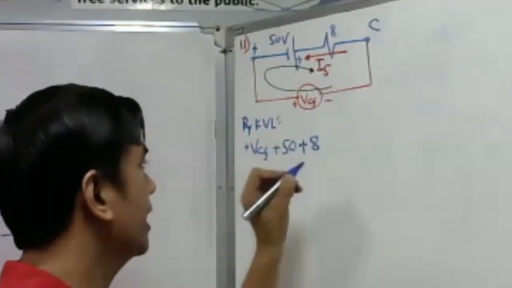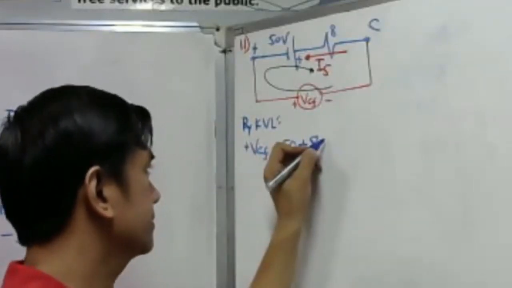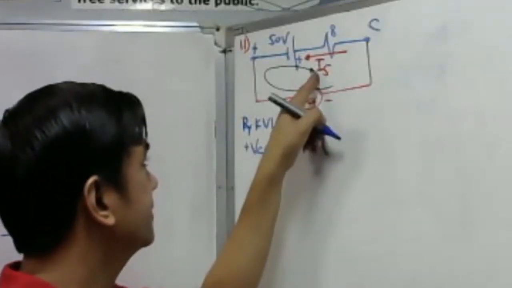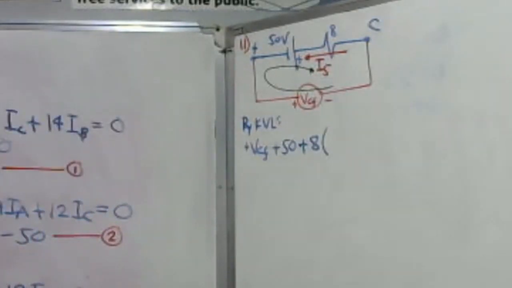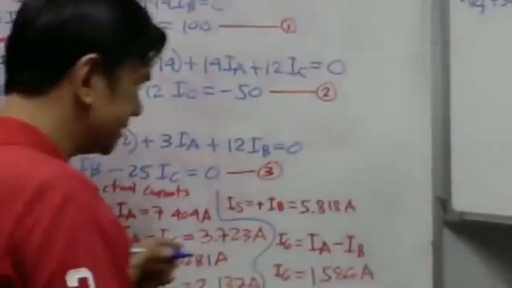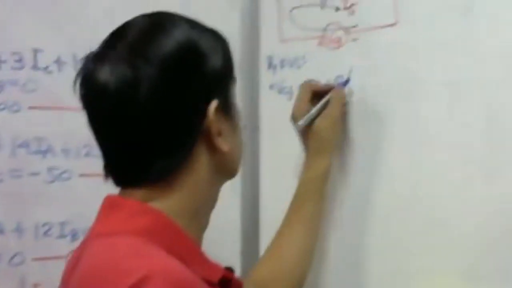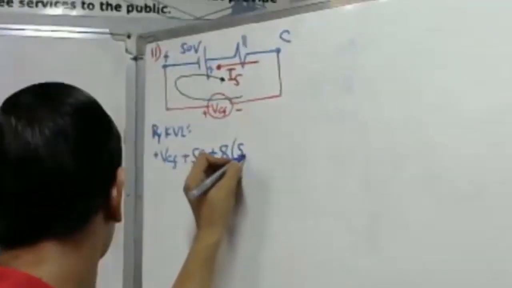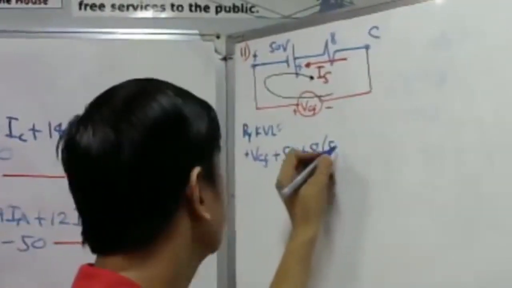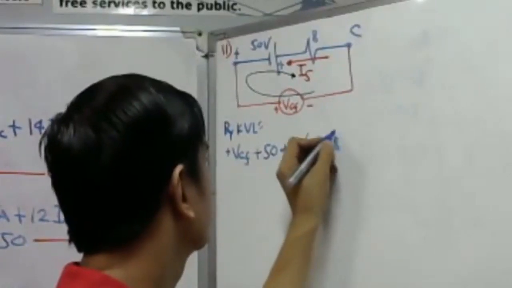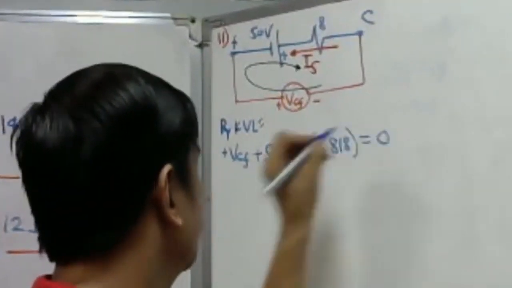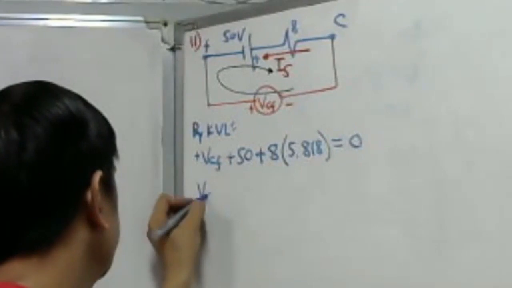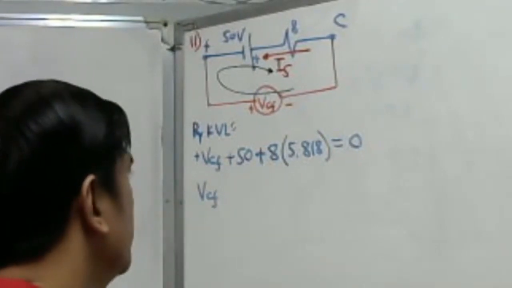And then, times 8 I sub 5. By the way, what is our I sub 5? Let us substitute now. I5 is 5.818. So that is equal to 0. Our VCF now will be what?